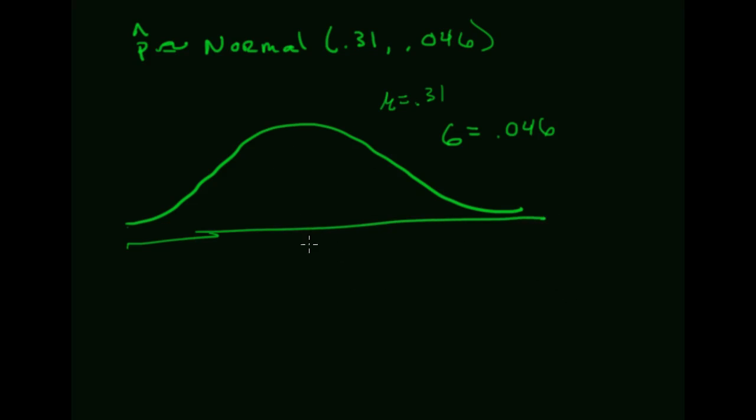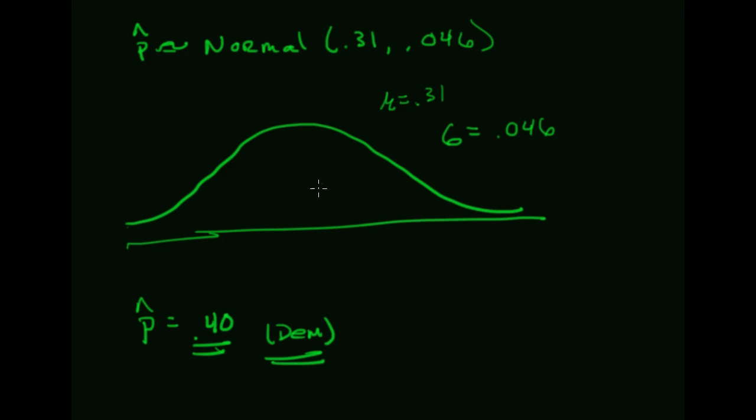Let's say I took a sample and got a sample proportion of 0.40, so 40% of that sample were Democrats. Is that likely to happen?